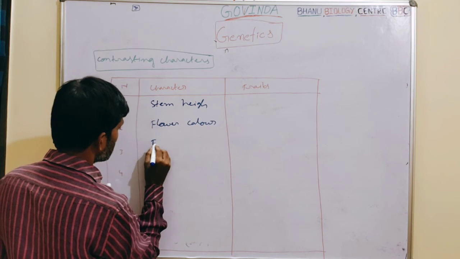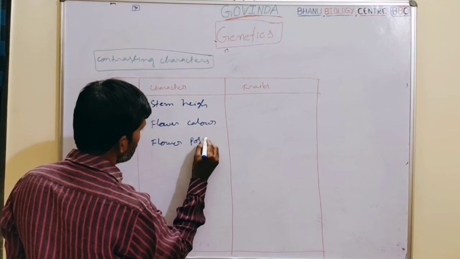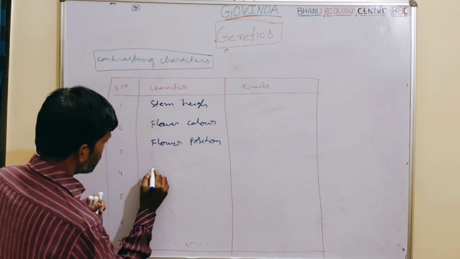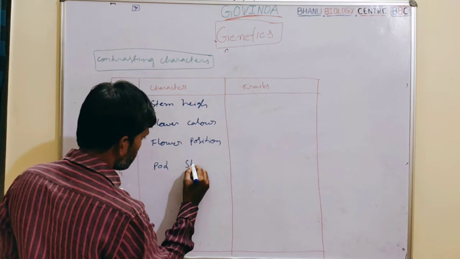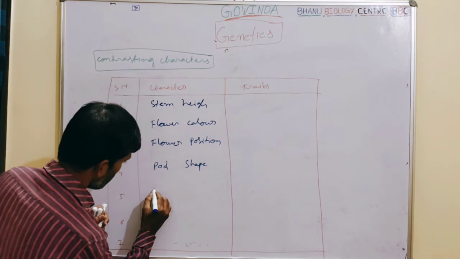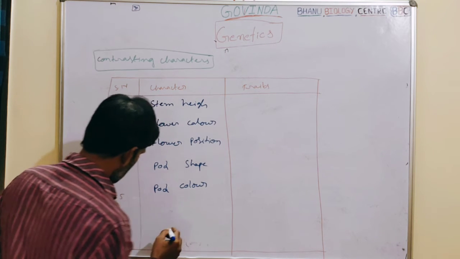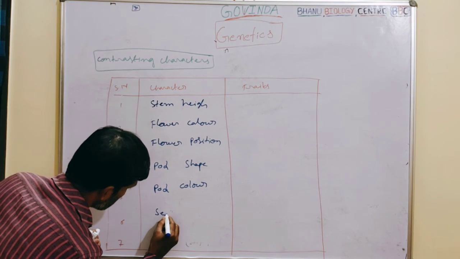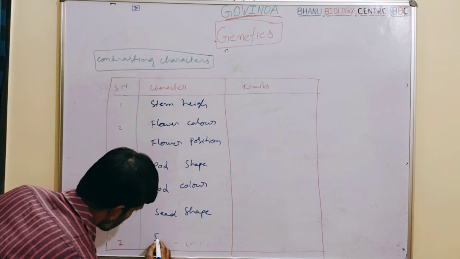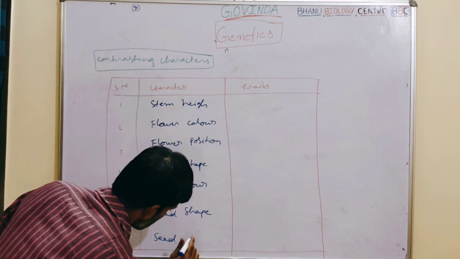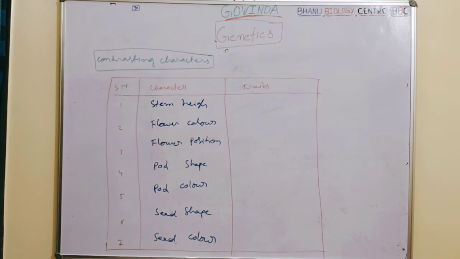The third character is flower position. The fourth character is pod shape. The fifth character is pod color. The sixth character is seed shape. The seventh character is seed color. So these are the 7 characters.